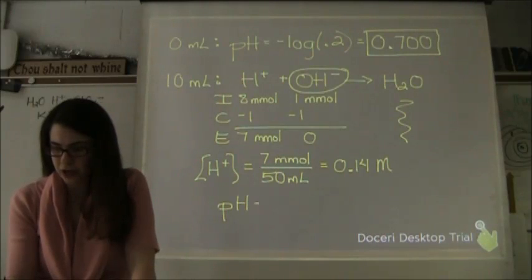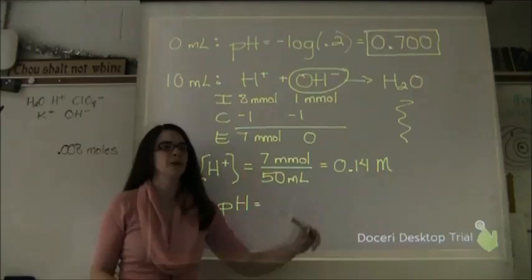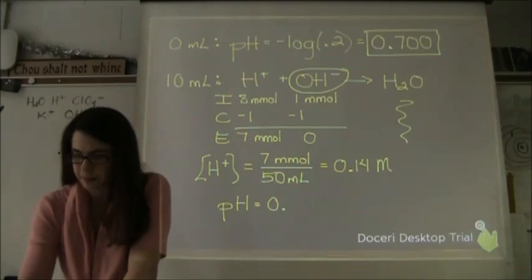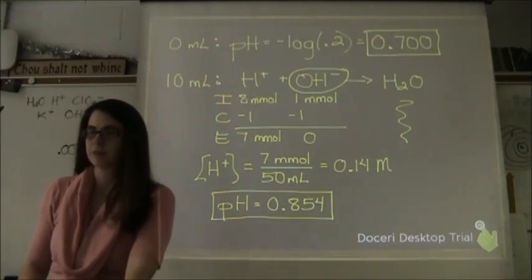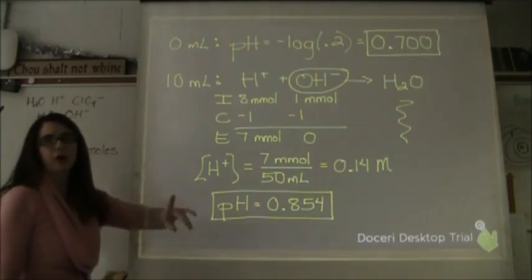How do I get the pH now? Negative log of this number? Okay, great. Give me the answer to 3 decimal places, please. 854. Okay. Look at our progress.